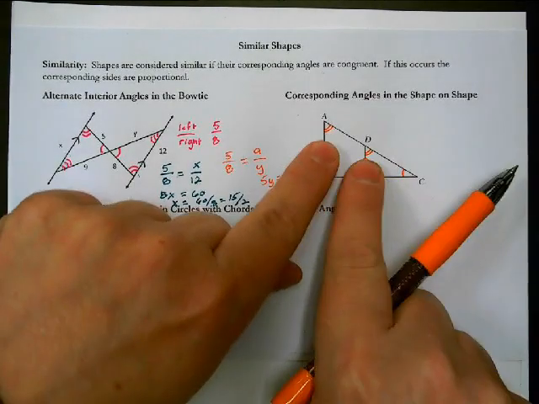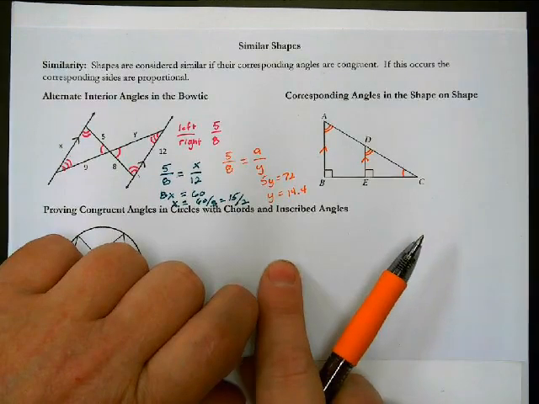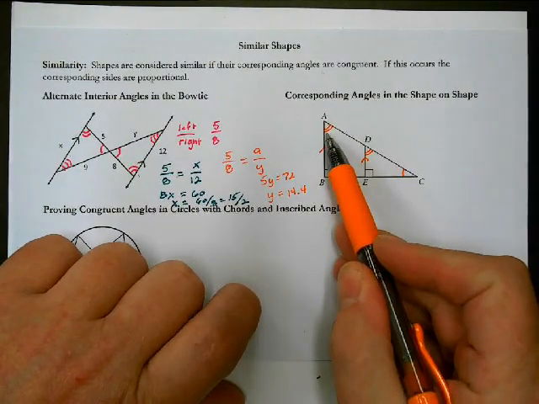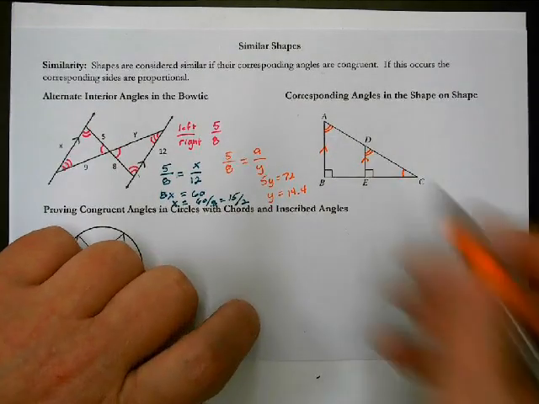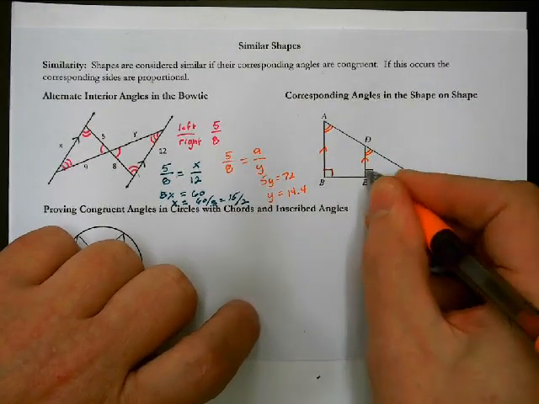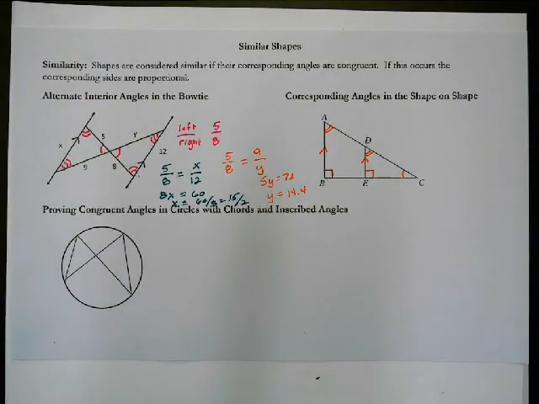They're on the same side of the transversal, so both of these are on the bottom of this transversal. And then one angle is interior and the other angle is exterior. So these are corresponding angles. And then we already know that these two angles are congruent because they are both 90 degrees. So these two triangles have to be similar to each other. They have the same angle measurements, they're just in a different proportion.